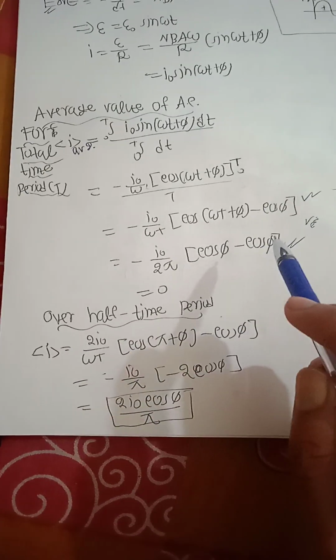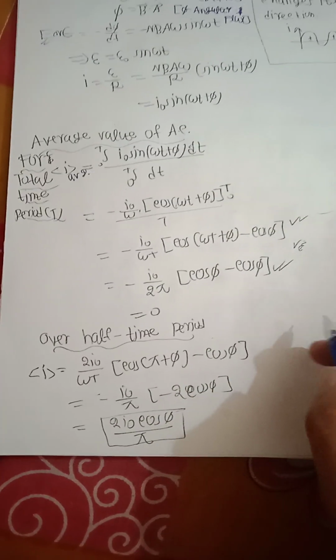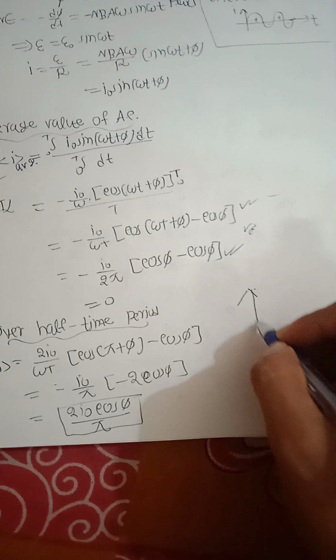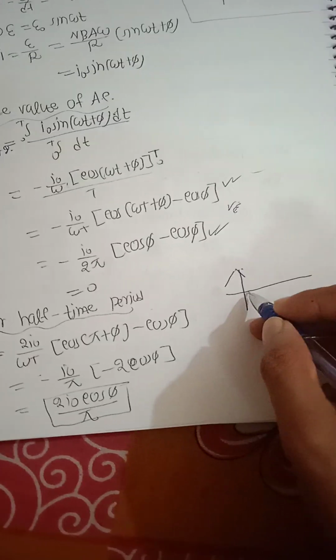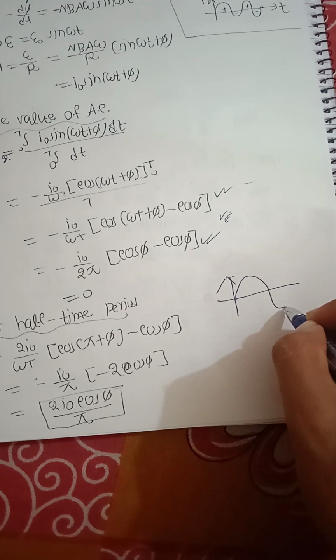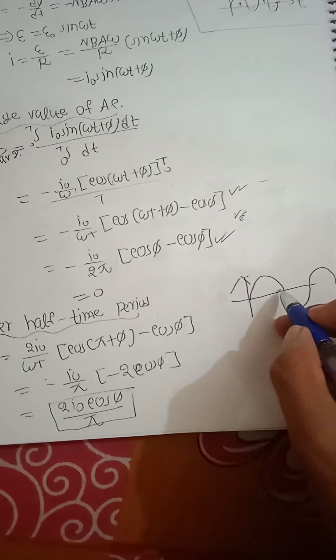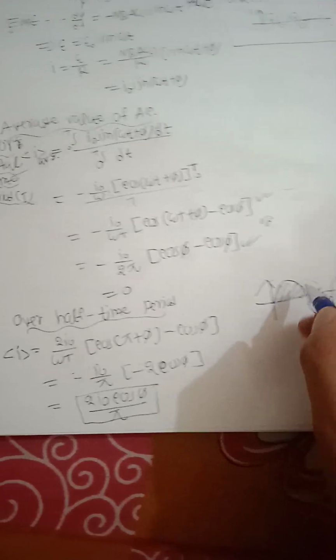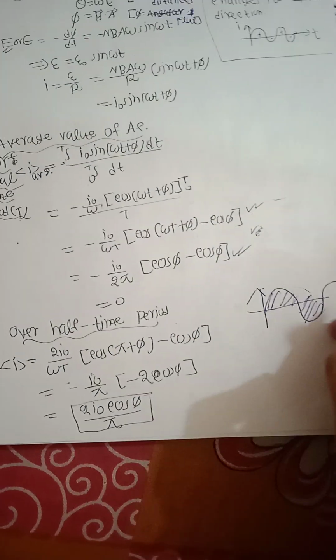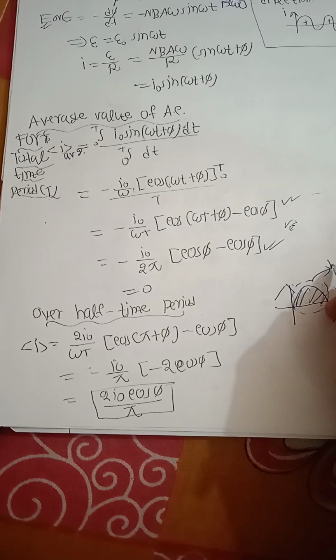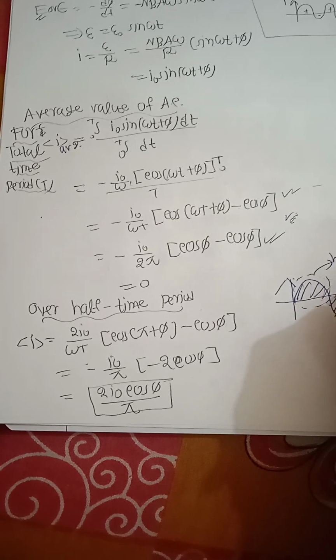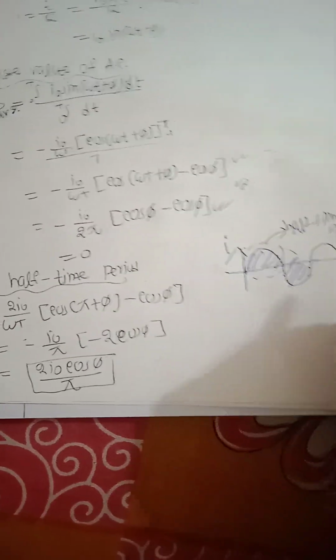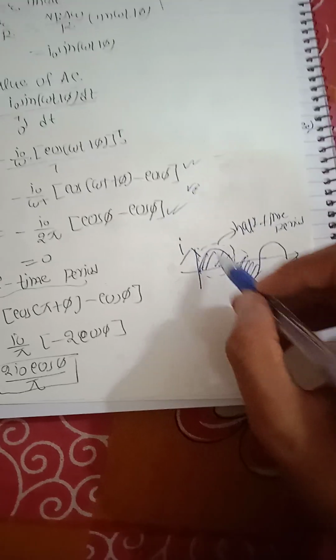If you want to calculate the current over a half time period, this is your total full time period, meaning this one total T, and if you want to calculate a half time period, it means only this one. Okay, as you can see now.